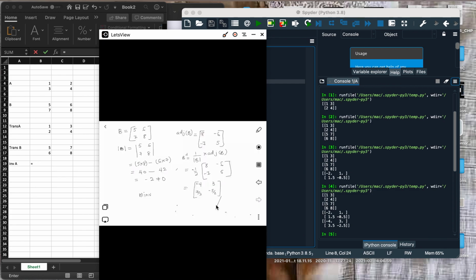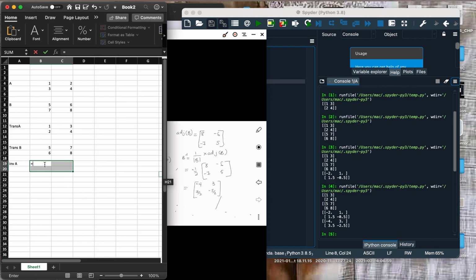So instead of just inverse, we input MINVERSE, and it takes only one argument. So we open it and we input the matrix that we want to find the inverse of. We close it and press Ctrl Shift Enter.